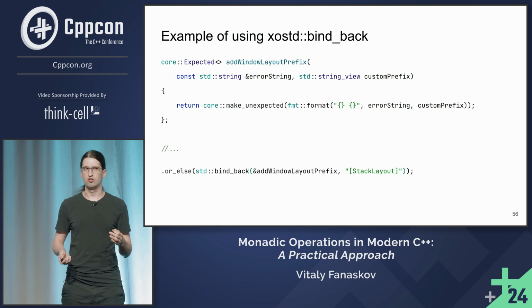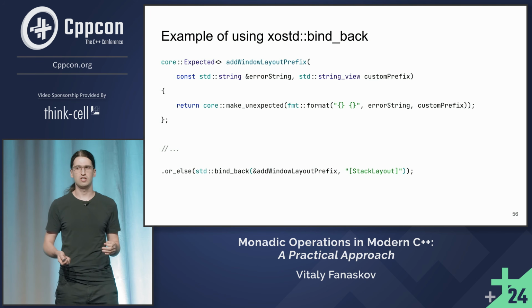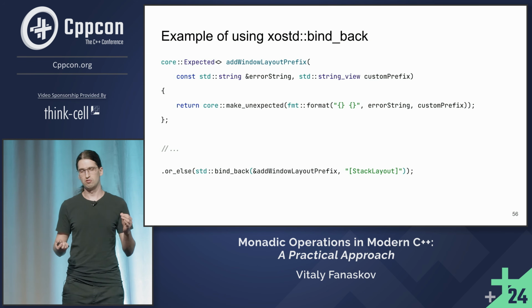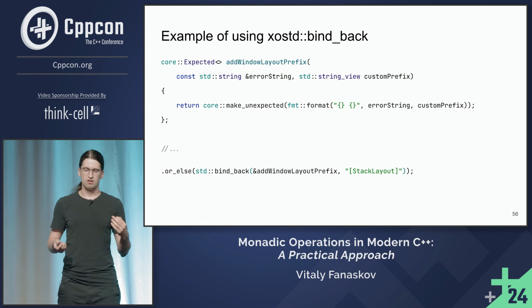Though this one is controversial, it's a matter of preferences and the best practices you establish for your project. But I would recommend giving bind back a try. And in the title I want to point out that we have our own implementation of bind back, and that's why it's in another namespace. It's our own standard library in our project.